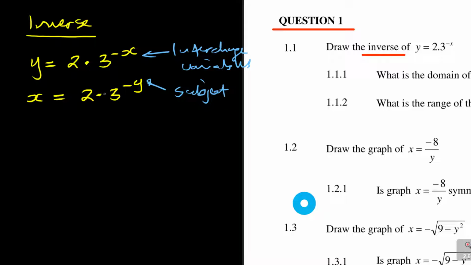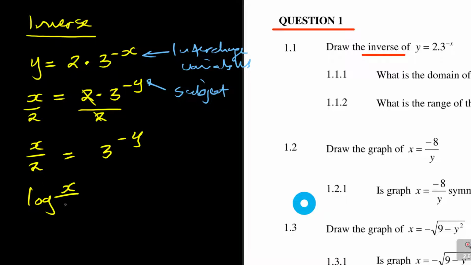What do we do? First of all, there is that 2, we divide by 2, and then we're going to have x over 2 is equal to 3 to the power negative y. And then since y is a power or an exponent, we introduce logarithms. So we say log x, or ln, but let's do log.